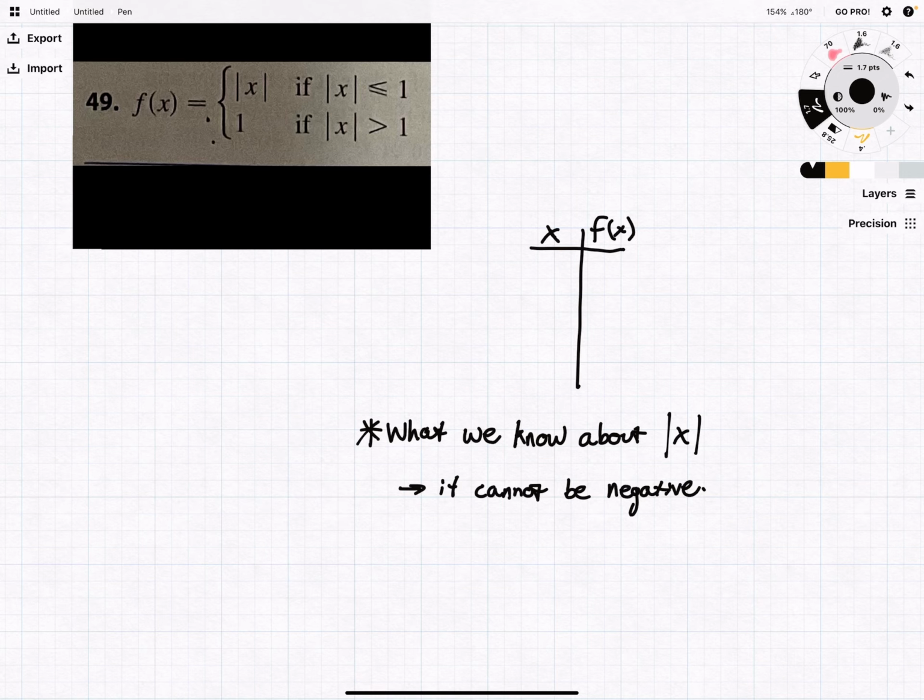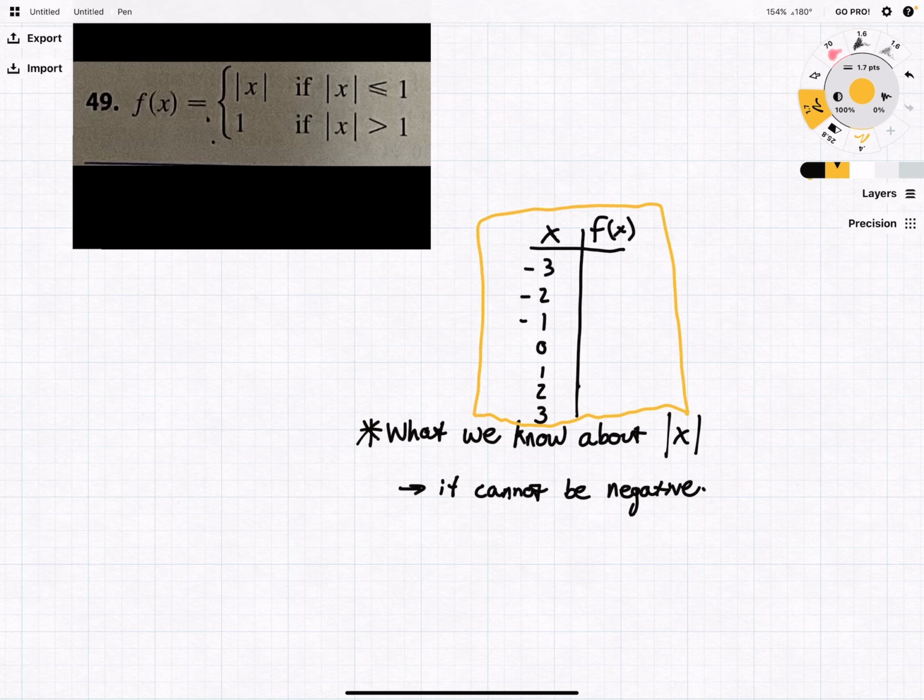So what does that look like? Let's put some numbers in first with our table of values. Let's say we have -3, -2, -1, 0, 1, 2, and 3. I'll box this off here.